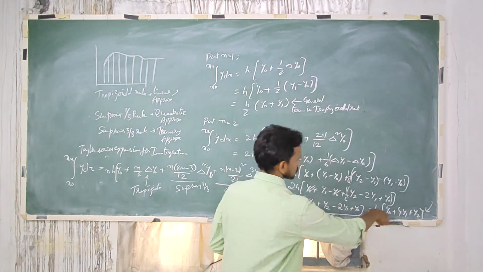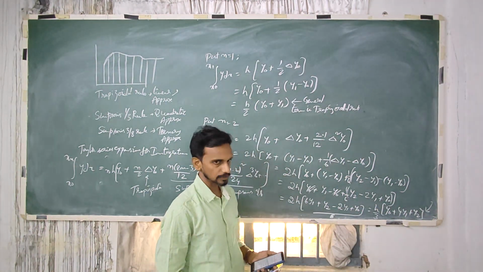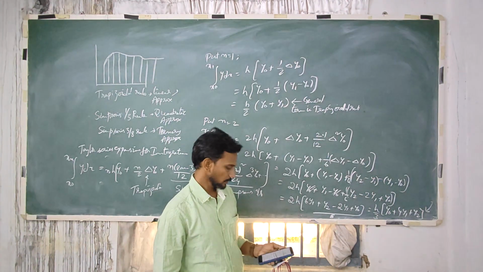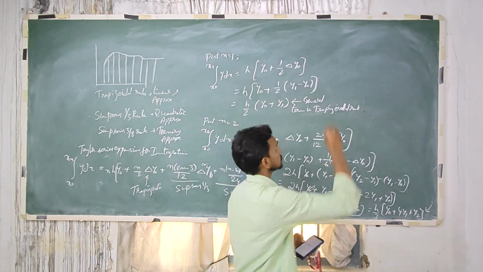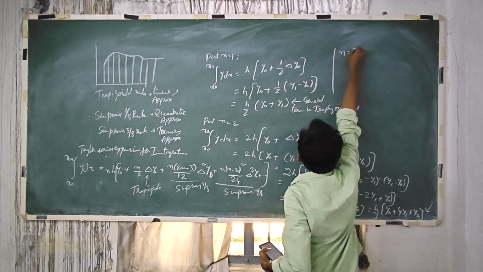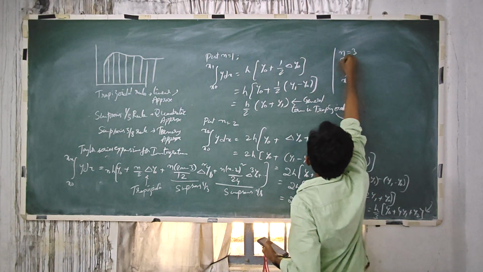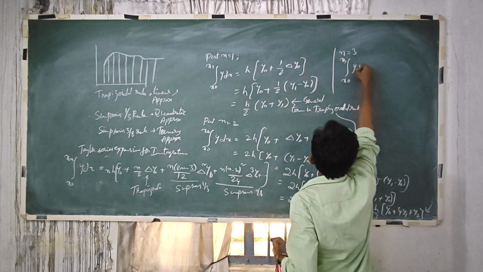At a time you have to consider at least 3 terms: y0, y1 and y2. Okay, and if you put n is equal to 3, you get Simpson 3/8 rule. So it becomes the integral from x0 to x3 of y dx.